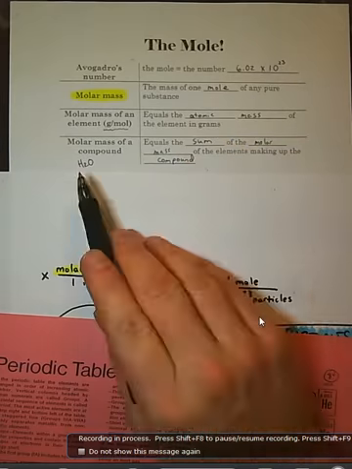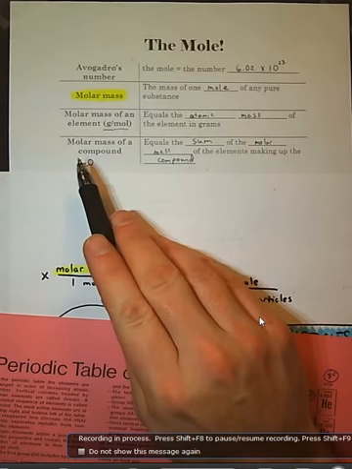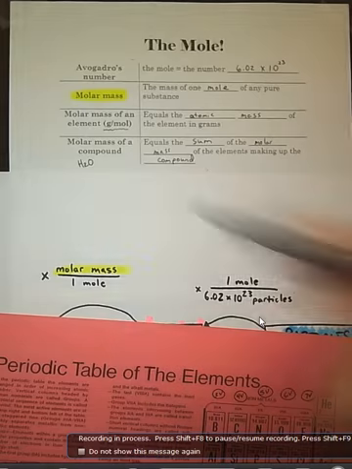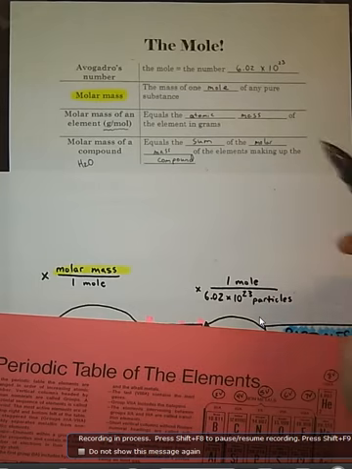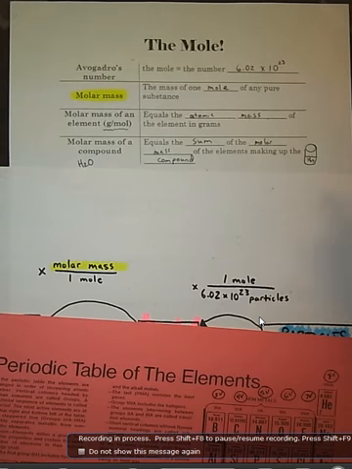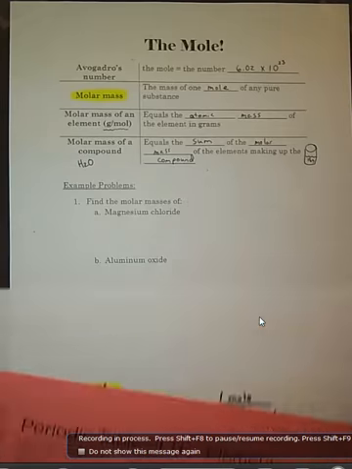Hydrogen is 1.01, but there are 2 of them, so we times it by 2. So the molar mass of water would be 18.02 grams for every 1 mole. So if you weigh out about 18 grams of water in a cup, that's how we would have this many molecules in it. This is practice of molar mass.